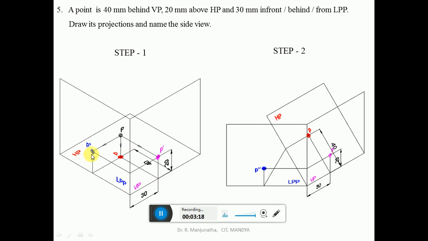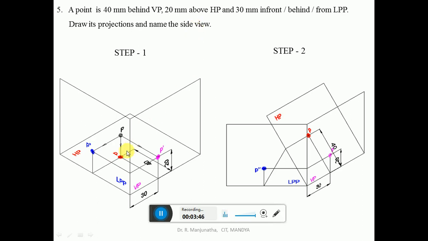So to view the image on the LPP, we have to look from the left side view. That means the point will be behind LPP, so behind VP, so behind LPP. The image you get on the LPP will be the left side view. We need to name the side view at the last.